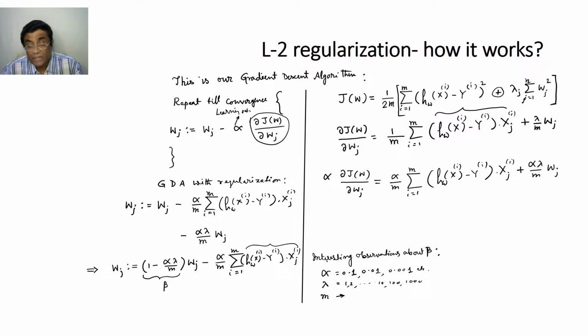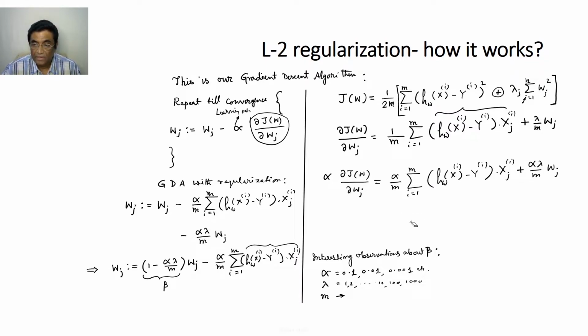Now you see, a very interesting observation you can make about this term, 1 minus alpha lambda divided by m, and let us call it beta. Normally alpha is the learning rate, which is 0.1 or 0.01, normally small, or 0.001, depending on the nature of the cost function.